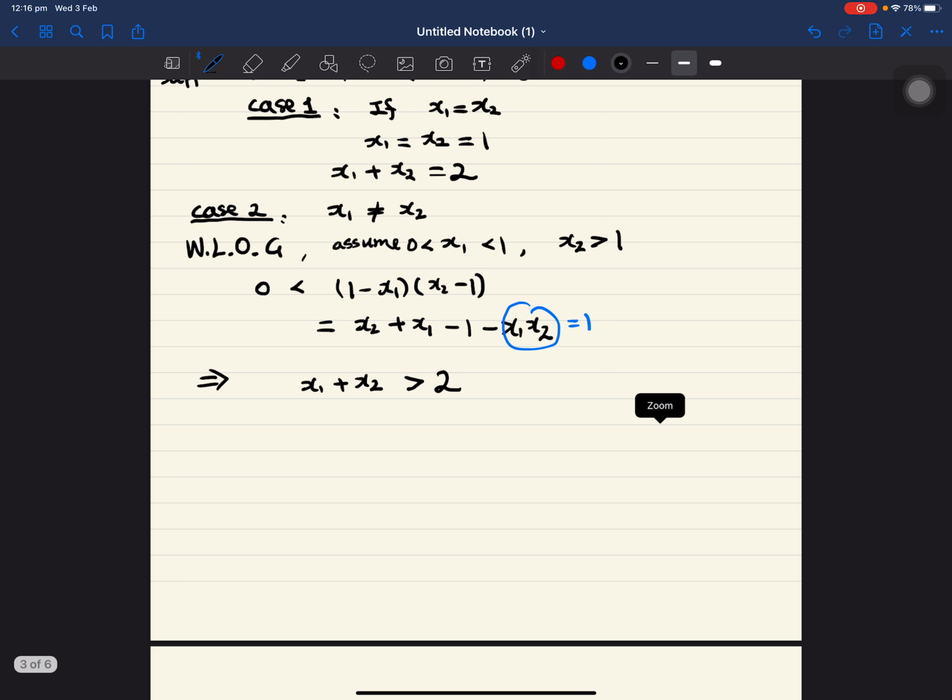Now the inductive step. Assume that the product of x1 to xk is equal to 1.